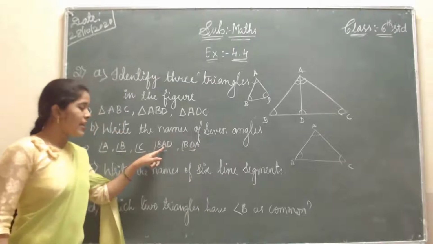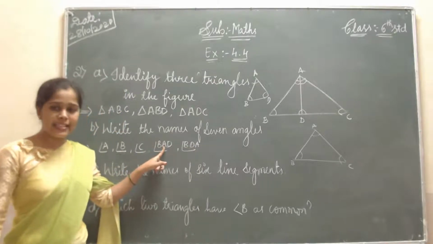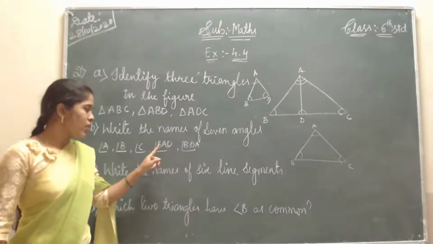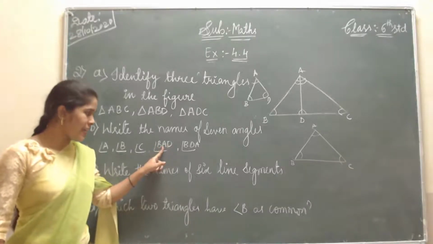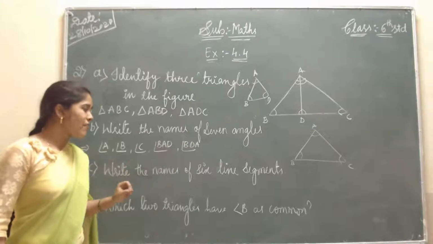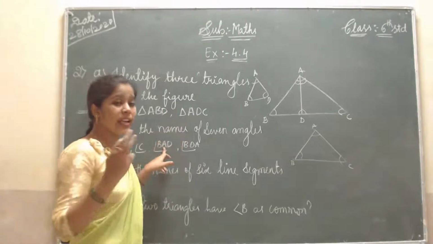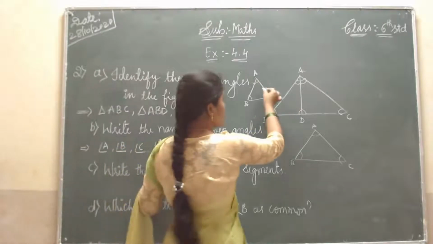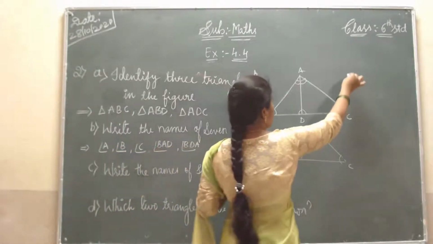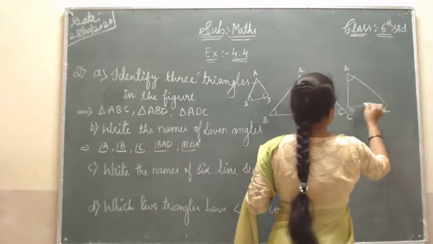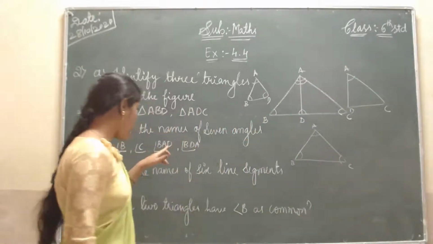BAD means angle A, here angle D. Why are we taking angle A again? Because angle A has three types of angles: one is this angle, one is this angle, and another is this one, ADC. So we have to take this.